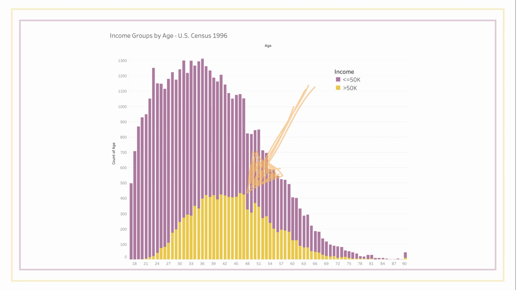The split in color represents the income bracket for that age group. So they're on the same line because you have the age group and then it's split by how much that age group makes in purple and how much that age group makes in gold. Our legend shows that purple is below 50K a year and gold is above 50K a year.